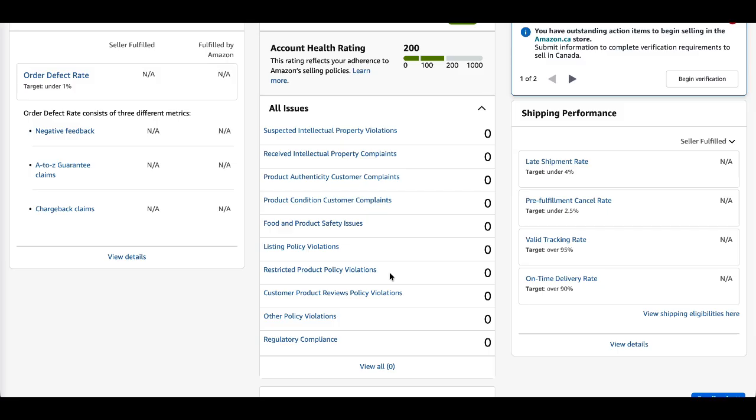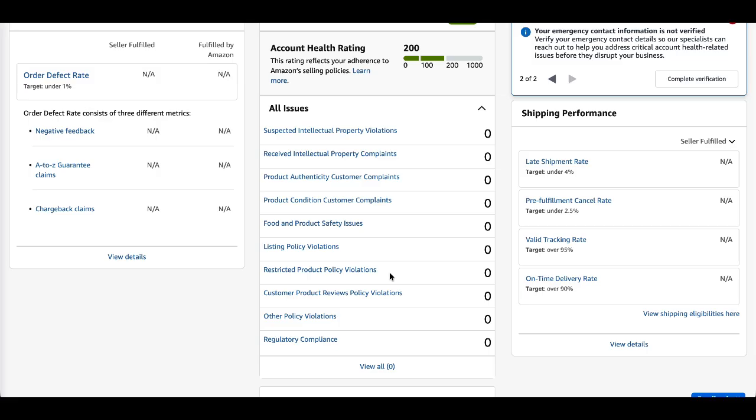The second scenario is that the product is not a restricted product and Amazon has mistakenly identified it, and that happens a lot. So you would have to represent your case, provide all the documentation and get your listing out of this restricted product violation. It is easy, it is doable. I do it on a regular basis, I would say. So it's not an issue.